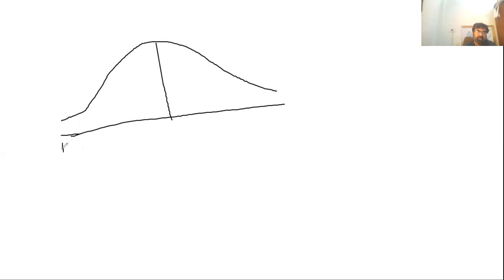And percentile starts from P1, P2, up till P99. It means that the percentile divides the data set into 100 equal parts. This half of the bell shape indicates the 50th percentile.